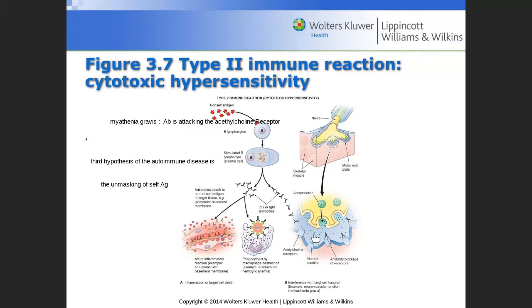It may not relate to myasthenia gravis. We don't know, okay? That's the point here. The point with the unmasking is that there are some sites in our body that are privileged.